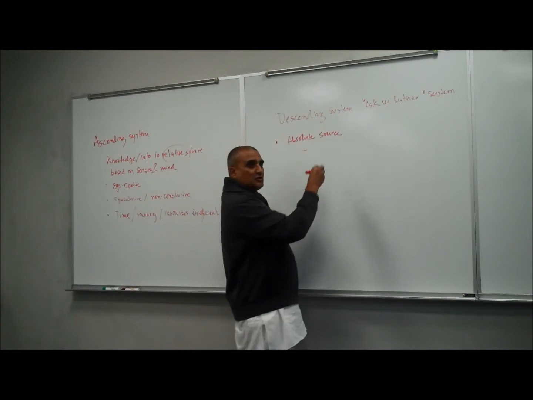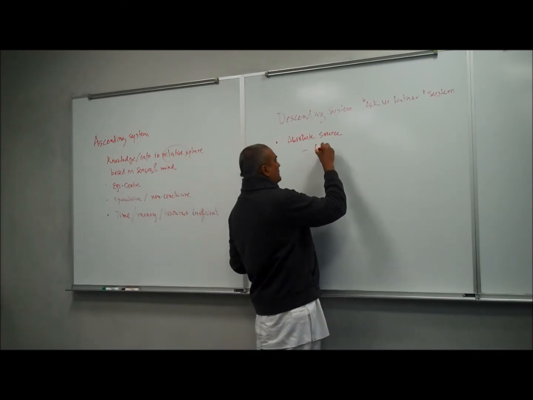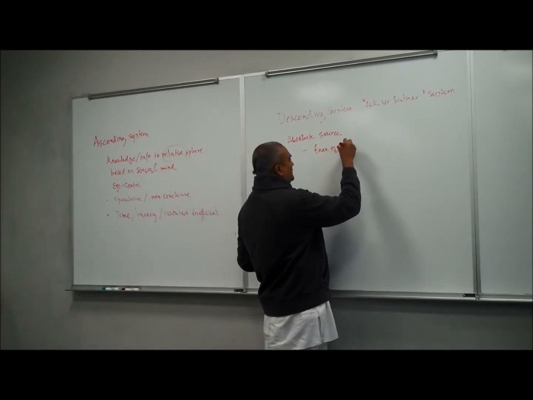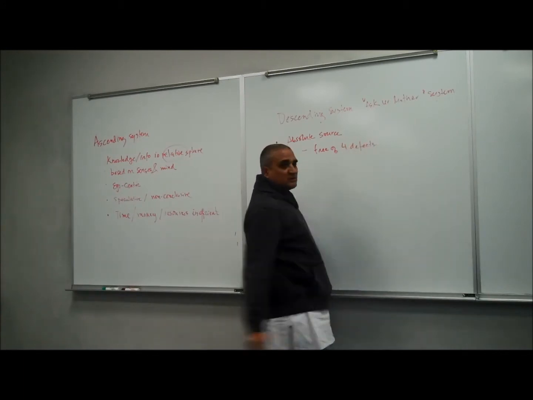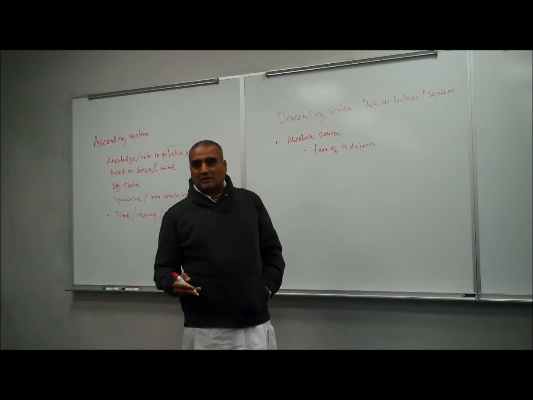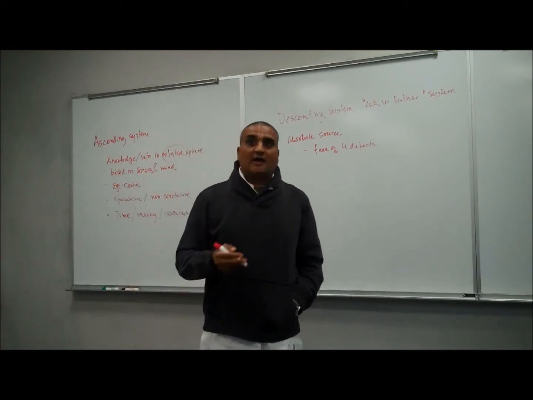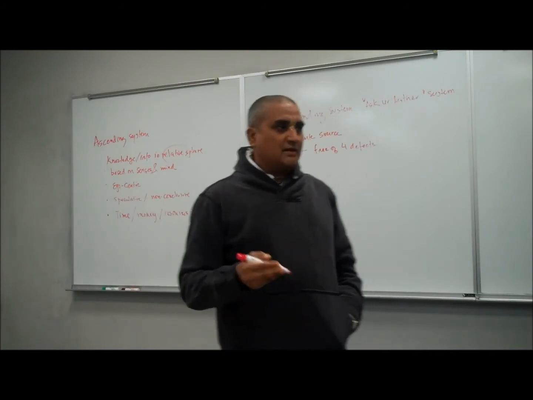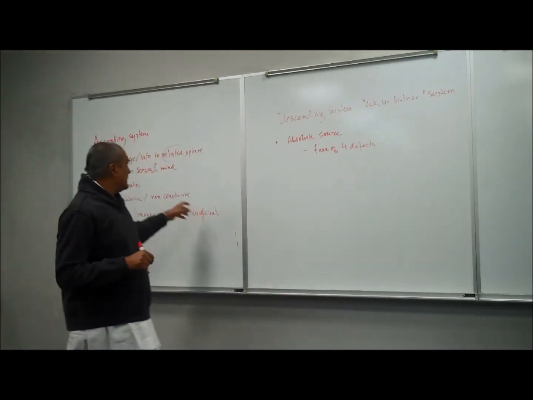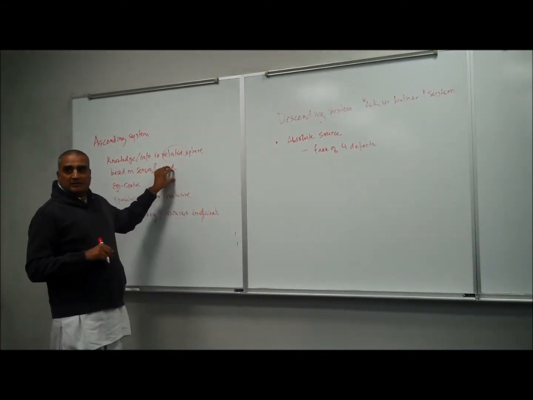So in this case, there should be no defects, free of 4 defects. Because it's not speculative, it is not guesswork. I think your daddy is. So it's free of the errors or the limitations that this system poses.